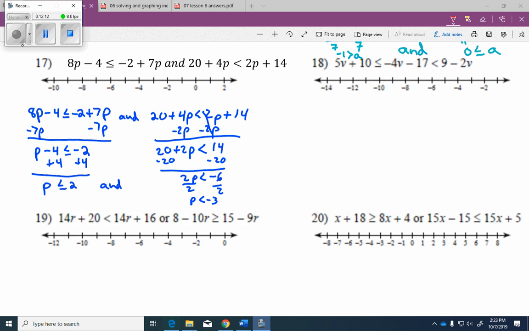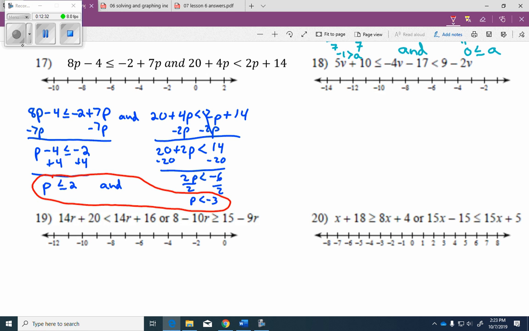So I solved each one independently. Again, I don't feel like this is something I could squeeze together, because I don't notice the overlap just yet when I look at this. But there is an overlap. Let's graph each one separately. I'm going to fit it below the number line.